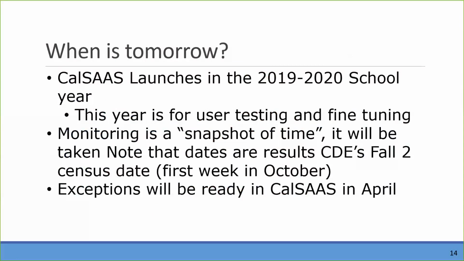And there's annual monitoring that occurs in the current system now. It's just maybe segmented out by school sites so that it's 1/4 of them if the new bill doesn't pass. But either way, the CalSAAS launches in the 1920 school year. And that year, the 1920 school year, is used for user testing and fine-tuning, so it's a non-consequential year.